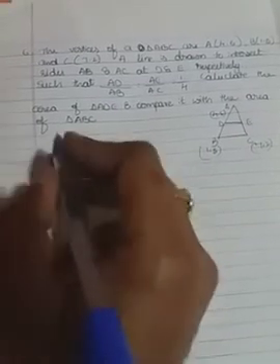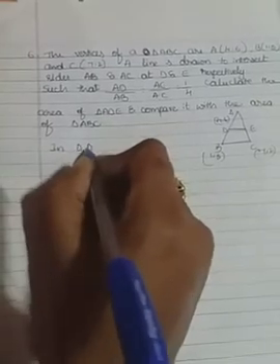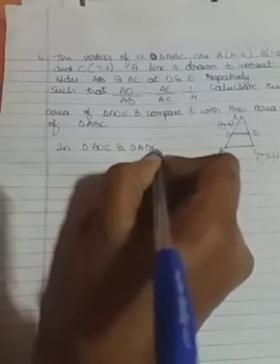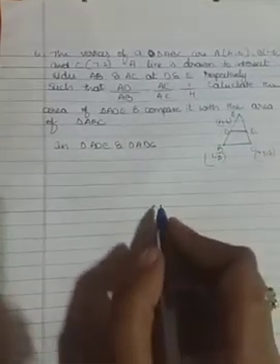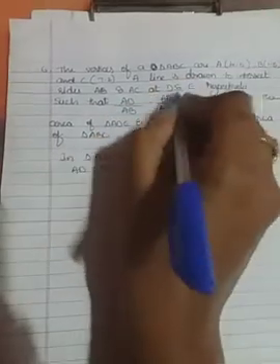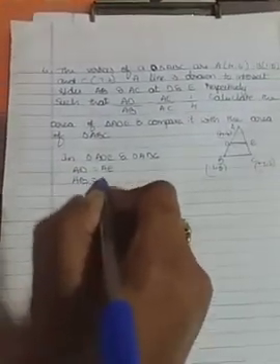Let us take first triangle ADE and triangle ABC. So according to the given, AD divided by AB equal to AE divided by AC.